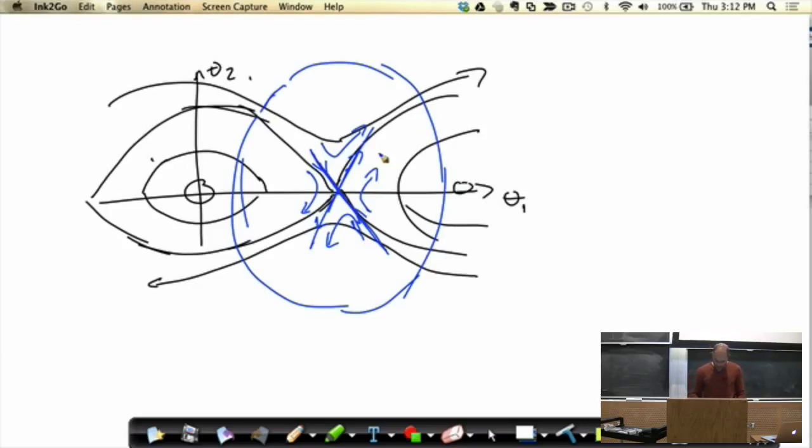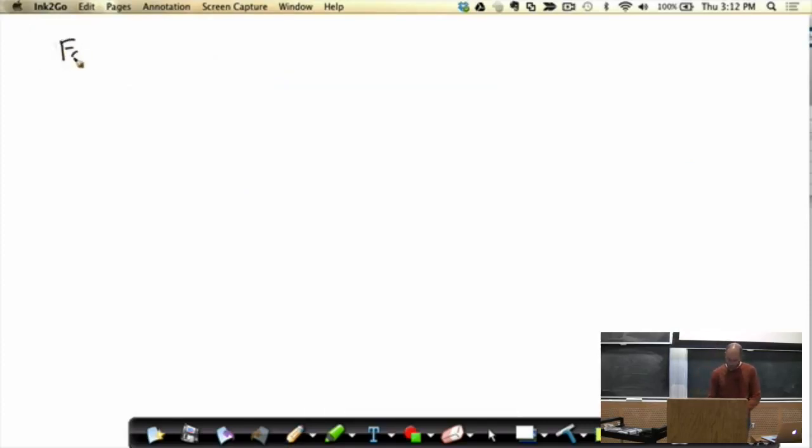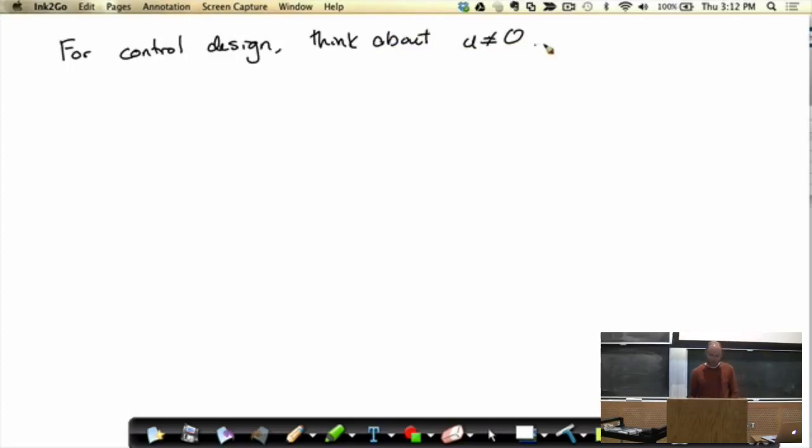All right, so that was just the passive dynamics, right? If we want to do control design, we care about the control input. So we have to think about the rest of the case, right?